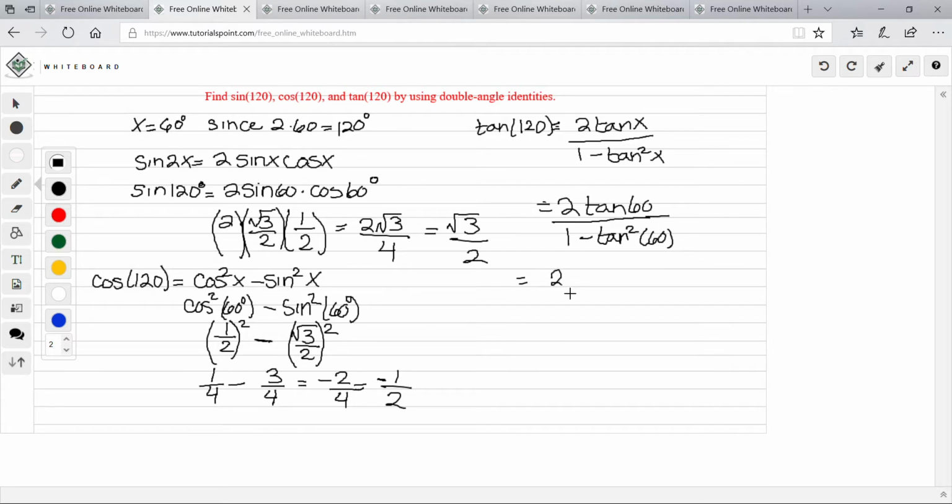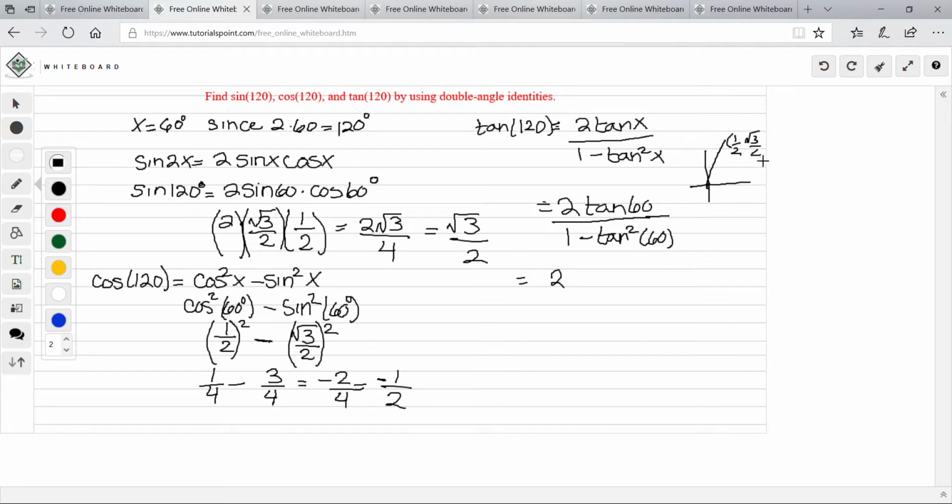If you want, you could draw the unit circle if you don't know it. So here's 60 degrees on the 30, 60 triangle, and that has a coordinate of 1/2, comma √3/2.